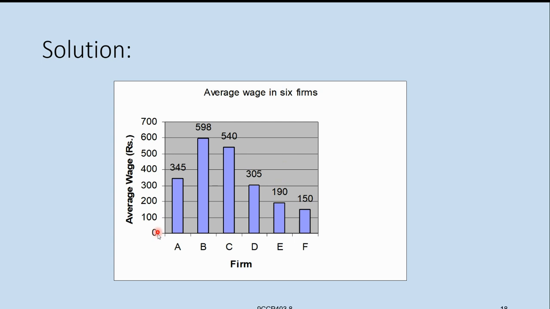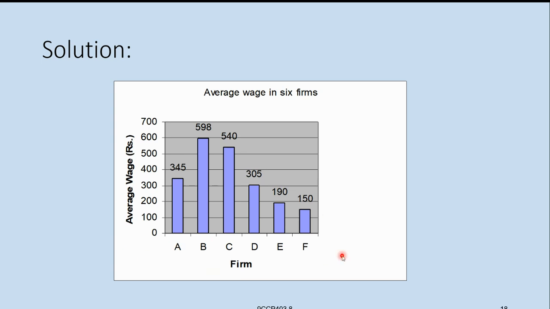Here we are taking 1 centimeter is equal to 100 rupees wages. These are the titles of the x-axis and y-axis. The x-axis title is firm, that is, firm is shown on the x-axis, and wages in rupees are shown on the y-axis. So you can call this an index also, the blue color, and the numbers shown can be used as an index.